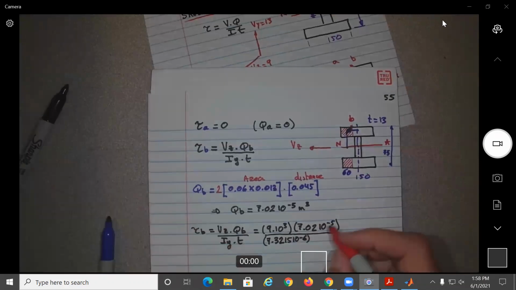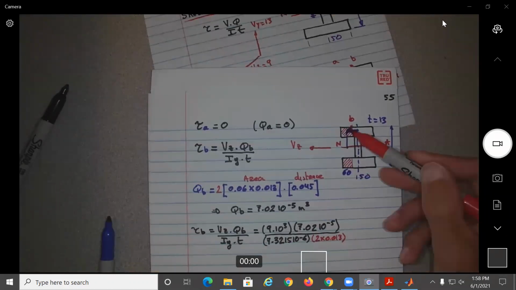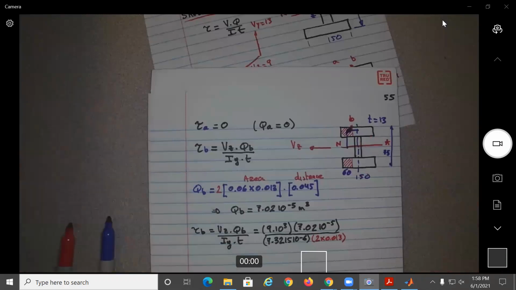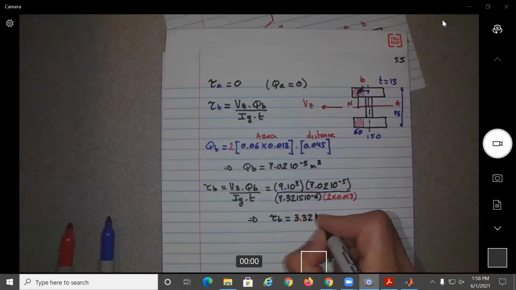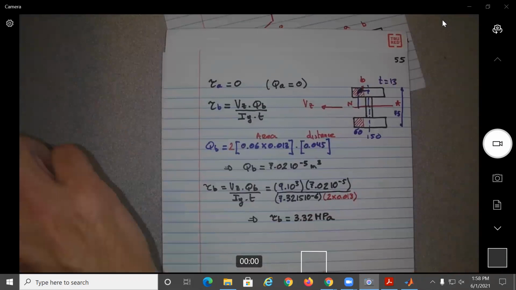And now be careful here with the thickness, because the thickness is 2 times the 13, because it's this one and this one. If you carry out this calculation, we could do it in MATLAB, but I have it over here. This should be 3.32 megapascals.